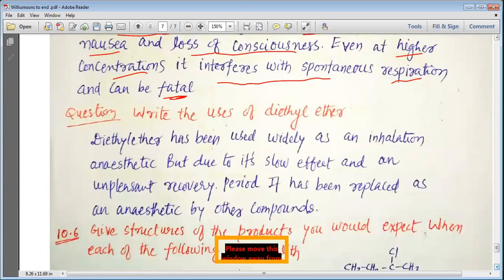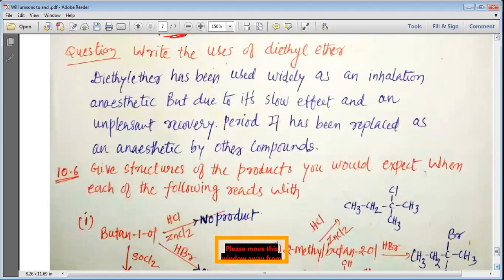Next question, write the uses of diethyl ether. So here we are going to study the various uses of diethyl ether. Diethyl ether has been used widely as an inhalation anesthetic.